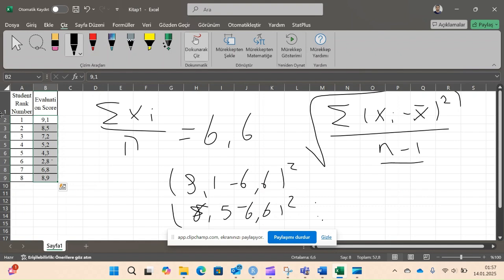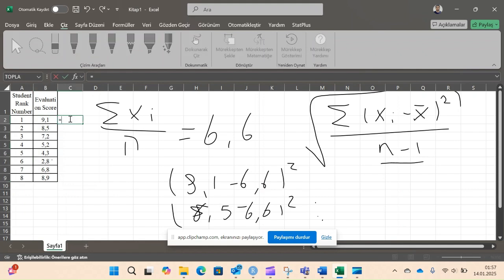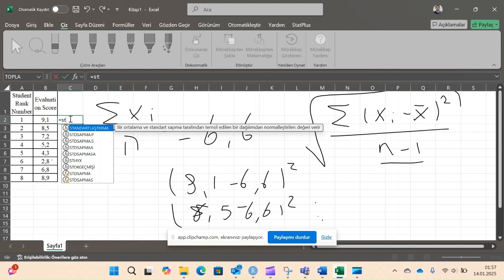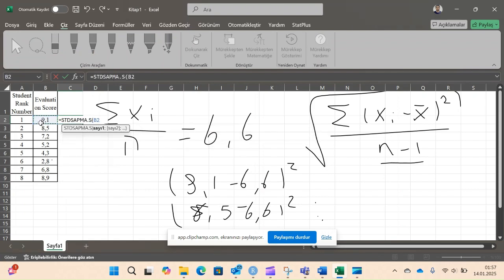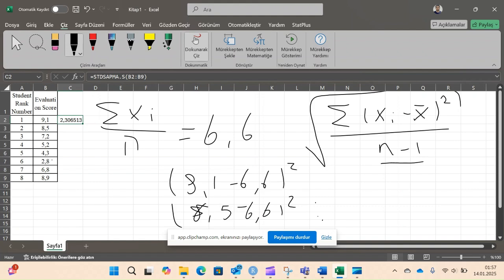I will not make all the calculations by hand; I will just show the exact formula. So the standard deviation here is 2.3. Okay, so this is the mean 6.6 and the standard deviation 2.3.